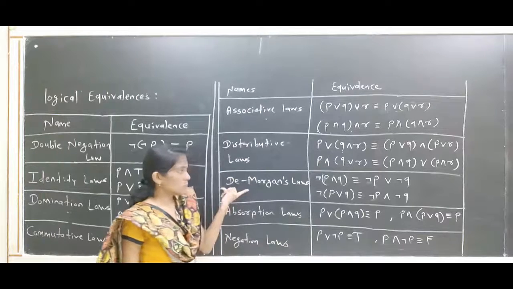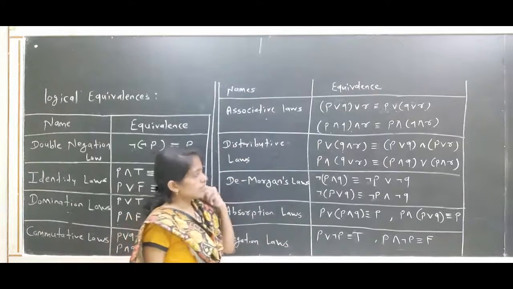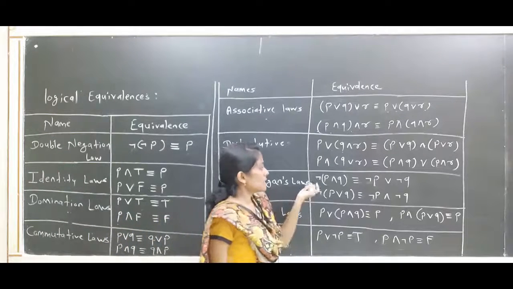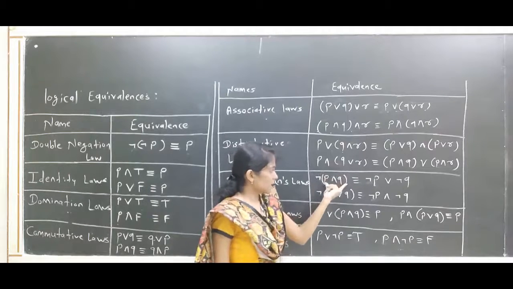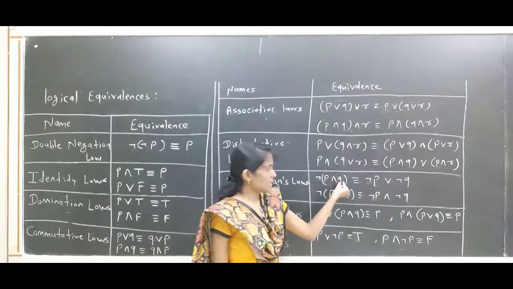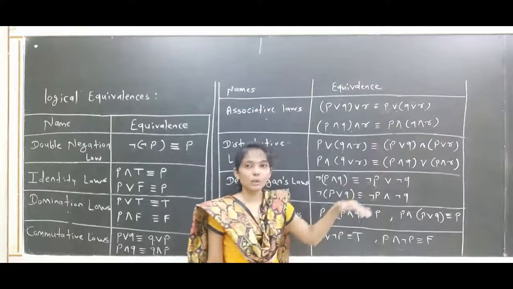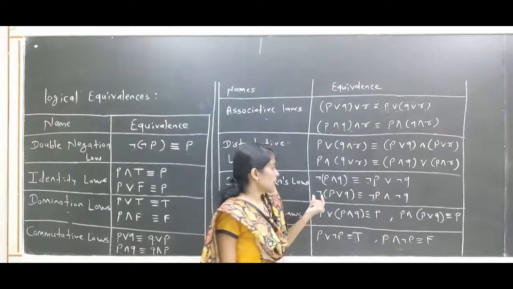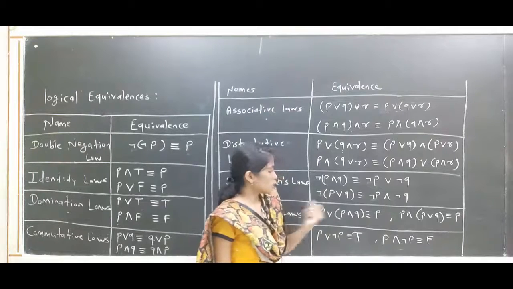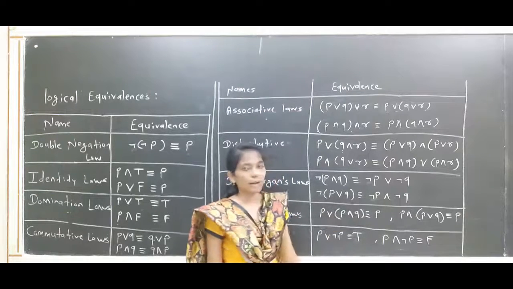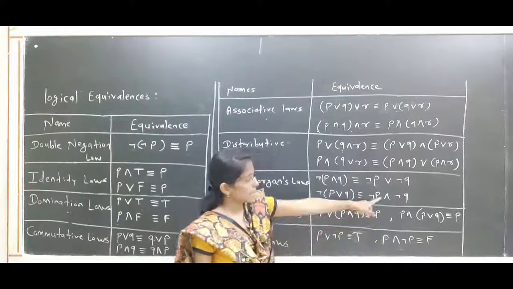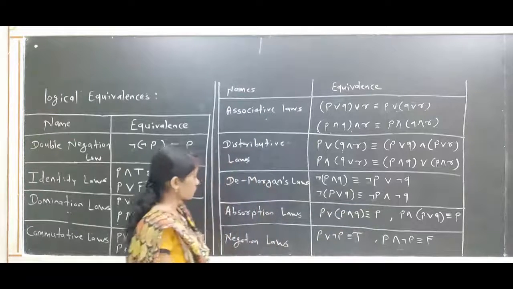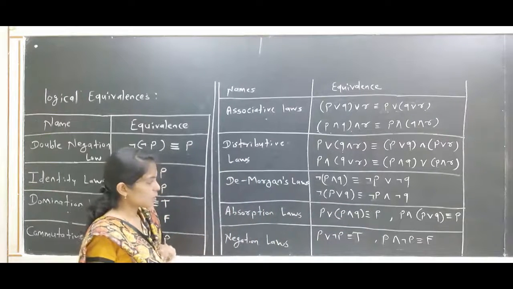Now next, De Morgan's laws. De Morgan's law: negation of bracket P and Q is equivalent to negation P or negation Q. And second De Morgan law: negation of P or Q is equivalent to negation P and negation Q. Next, absorption laws.